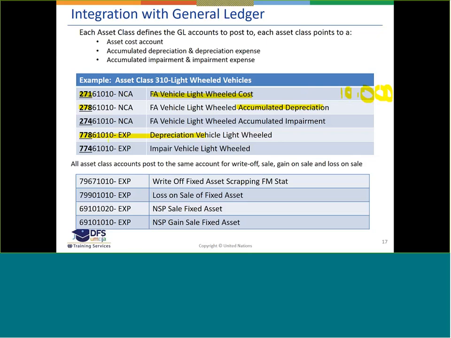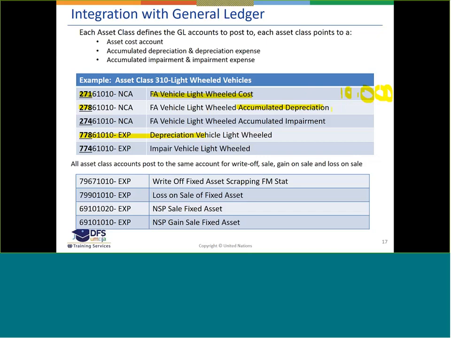And then month by month, we are depreciating the fixed asset. Let's say it is depreciating $1,000 per year.